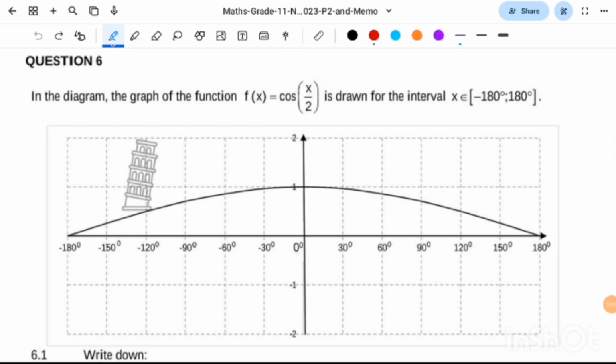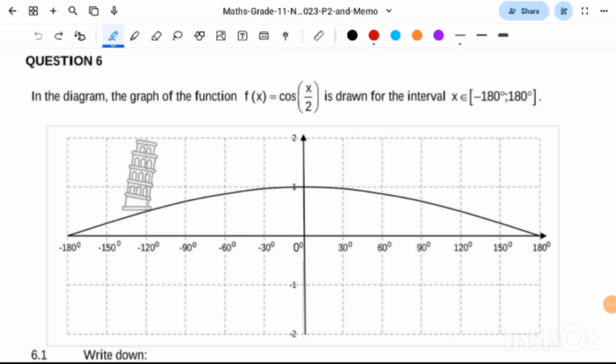I want us to look at the Grade 11 November Mathematics paper 2023 from KZN. I want us to look at the trig graph. The reason we're looking at this type of question is that we covered the basics of trig graphs in the last lesson that we uploaded.